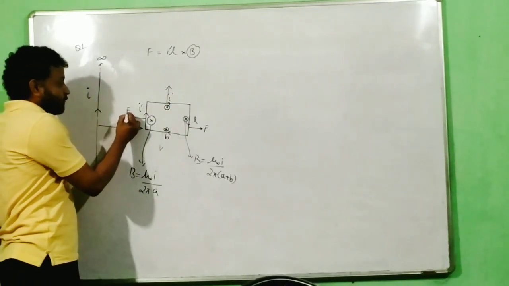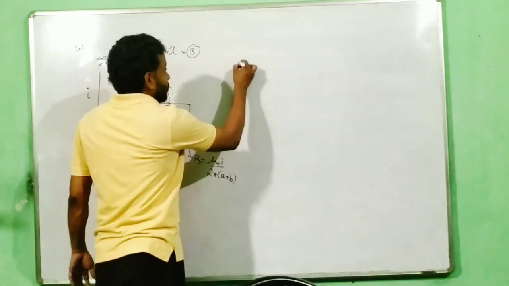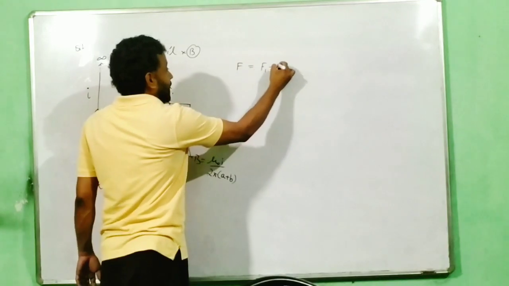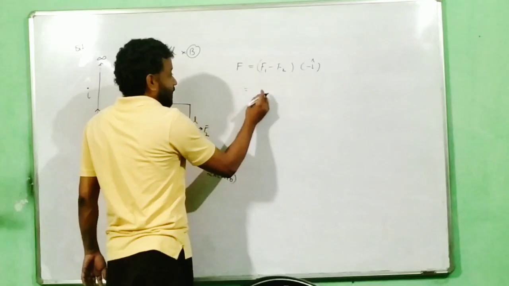Let me call this force F1 and that one F2, because they are not the same. So the net force will be equal to F1 minus F2, with direction minus i cap. Now what is F1?